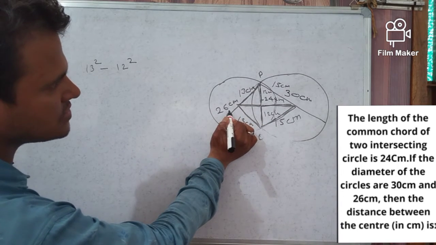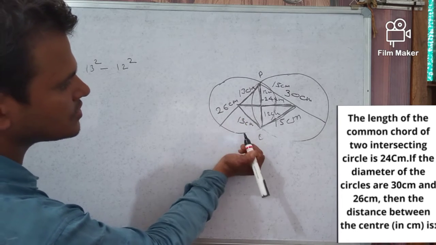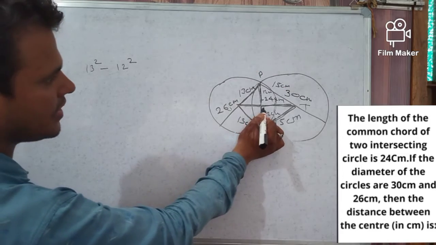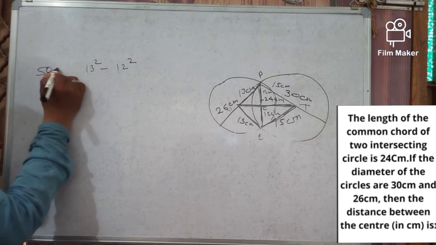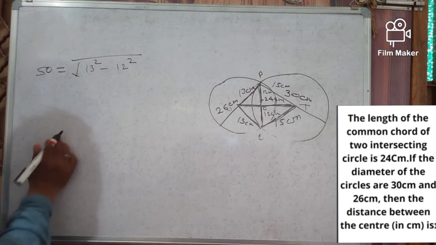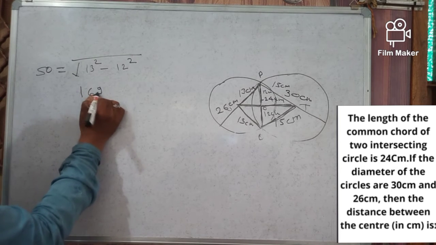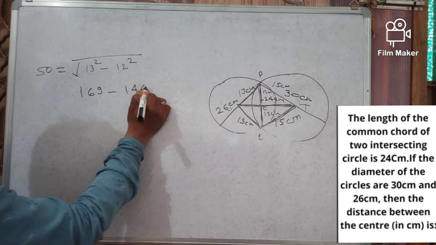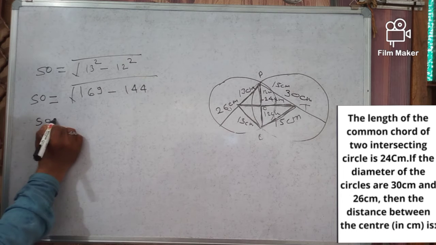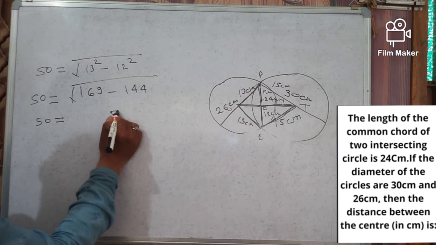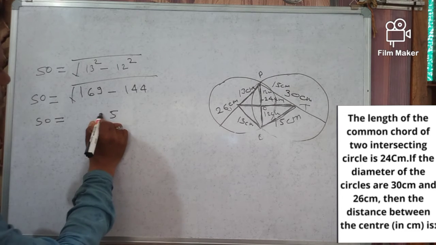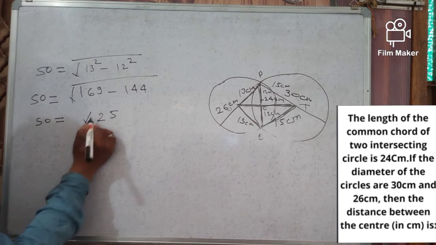Suppose this is S and T and this is O. So SO is equal to under root of 13 square minus 12 square. 13 square is 169 minus 144, under root 25.